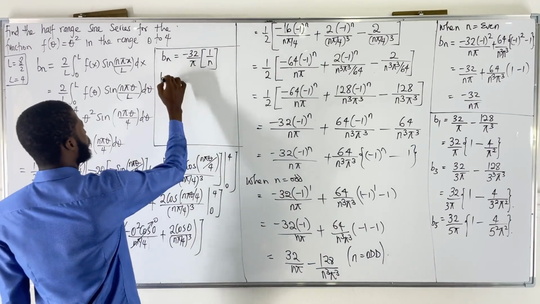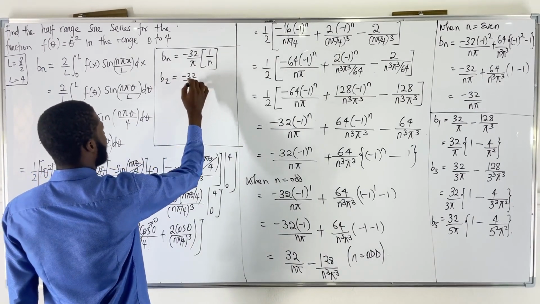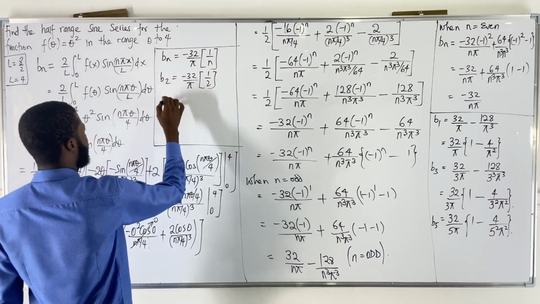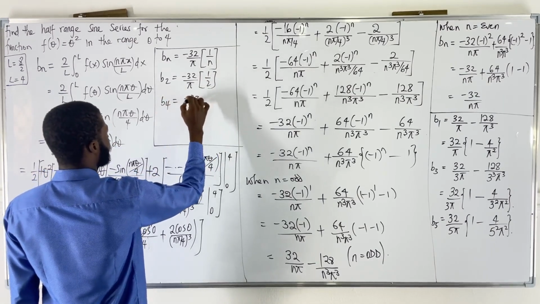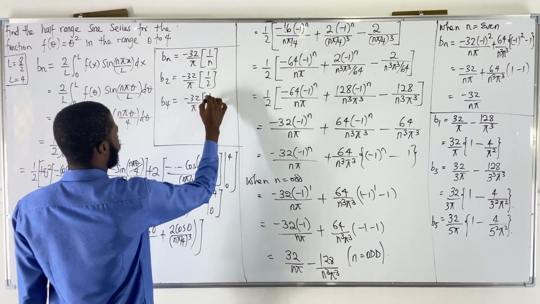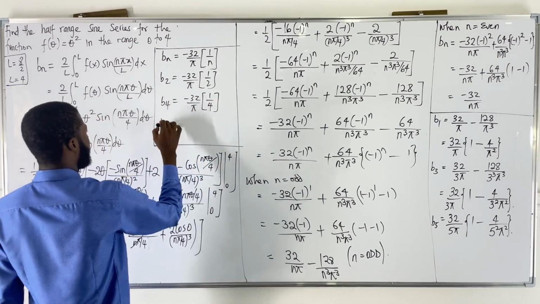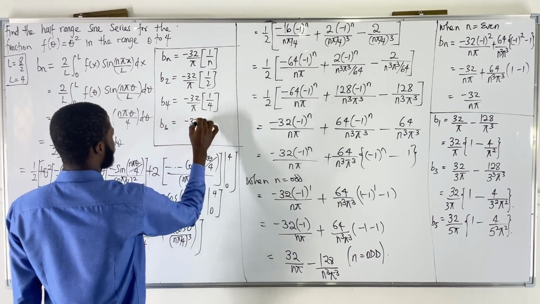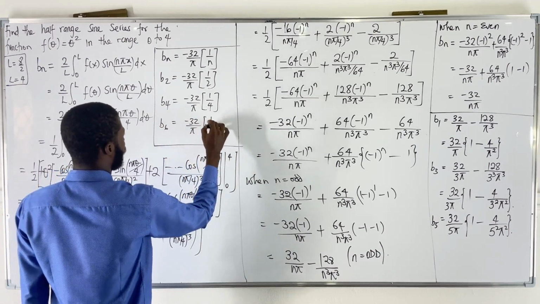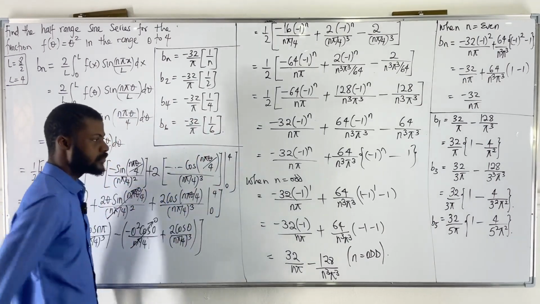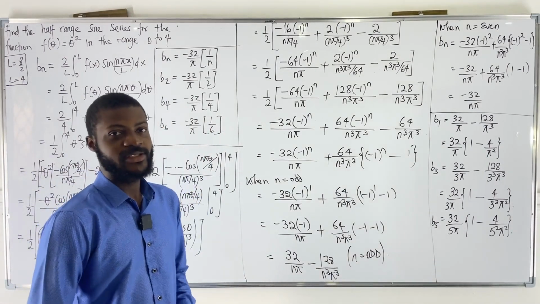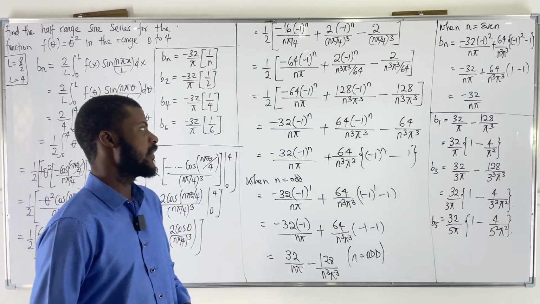So my b2 will become minus 32 over pi into 1 over 2. My b4 will be minus 32 over pi into 1 over 4. My b6 will be minus 32 over pi into 1 over 6. That's what I have.